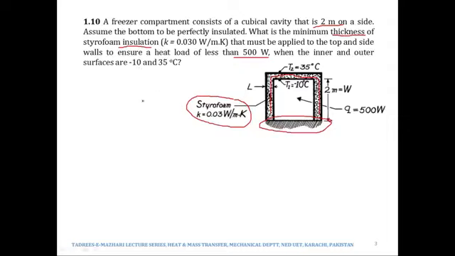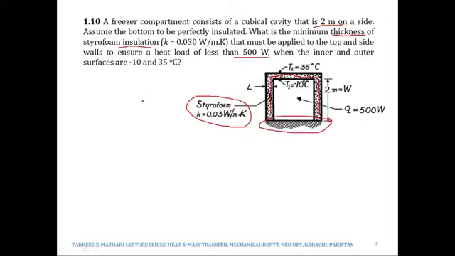So what we need to do is, first of all, my advice is that do not jump onto the values that are given. First of all, we should understand the problem. We should understand the modes of heat transfer that are taking place in any problem.